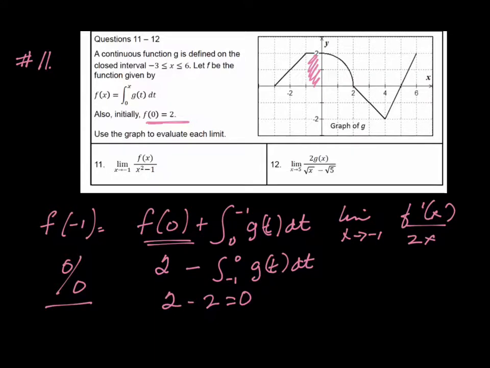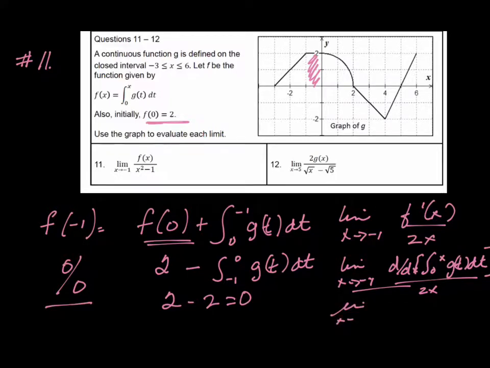Taking the derivative, we'll take the limit as x goes to negative 1 of the derivative of the integral from 0 to x of g of t dt, over 2x.